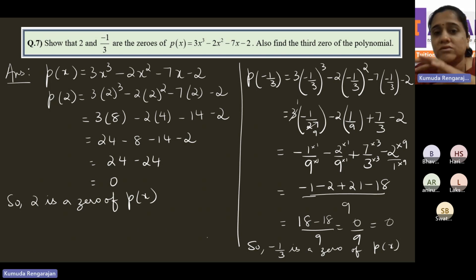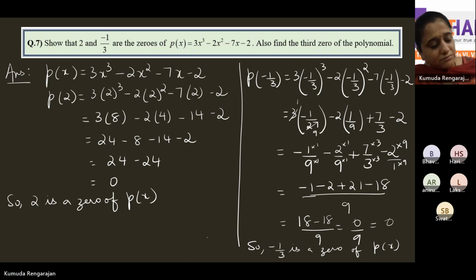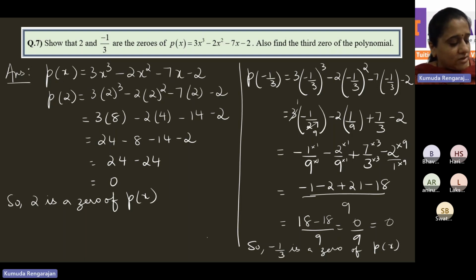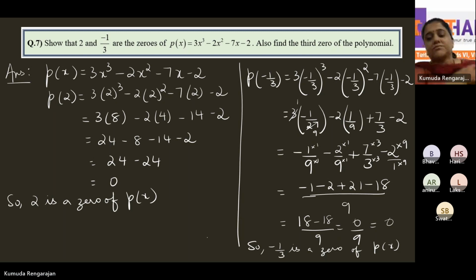So you should find a method which is always convenient, not convenient only for this situation where the factors are few. Correct, Swati? Yes, ma'am. Here the factors are few, so maybe the trial and error method will work. But if the constant has more factors, then it is tedious, right? Yes, ma'am.